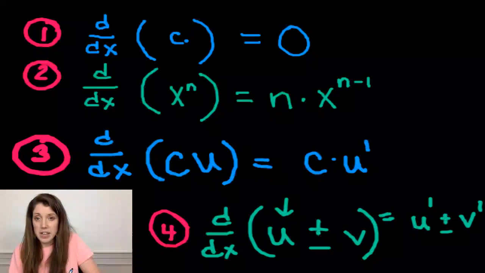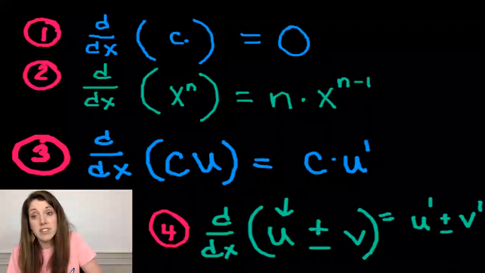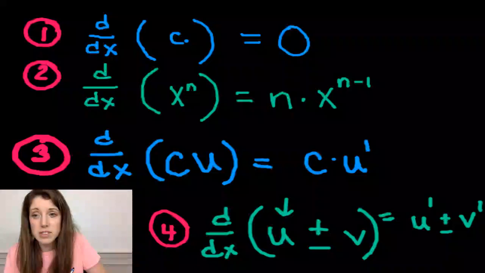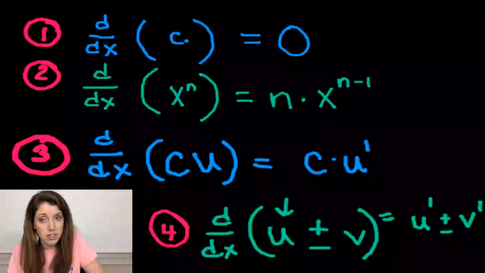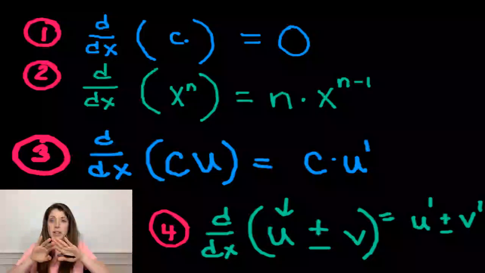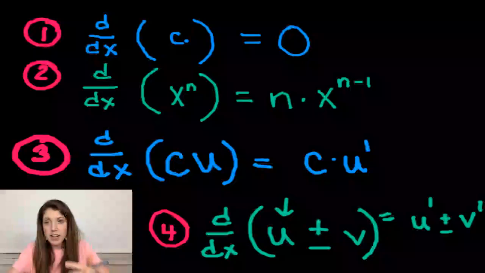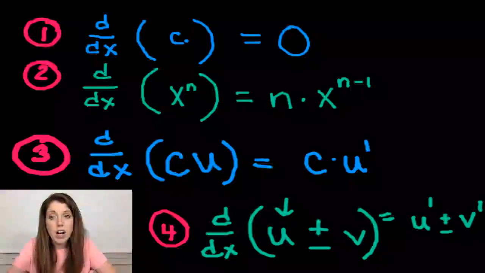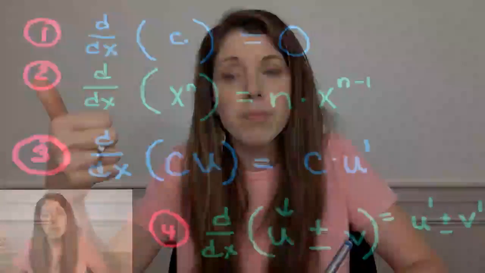So the last rule says you can just derive them each separately as long as it's just addition or subtraction. Notice it's not saying multiplication, it's not saying division. Those have their own rules. But addition or subtraction, we're allowed to derive separately and then just stick them all together at the end. Derivative of a constant is always 0.